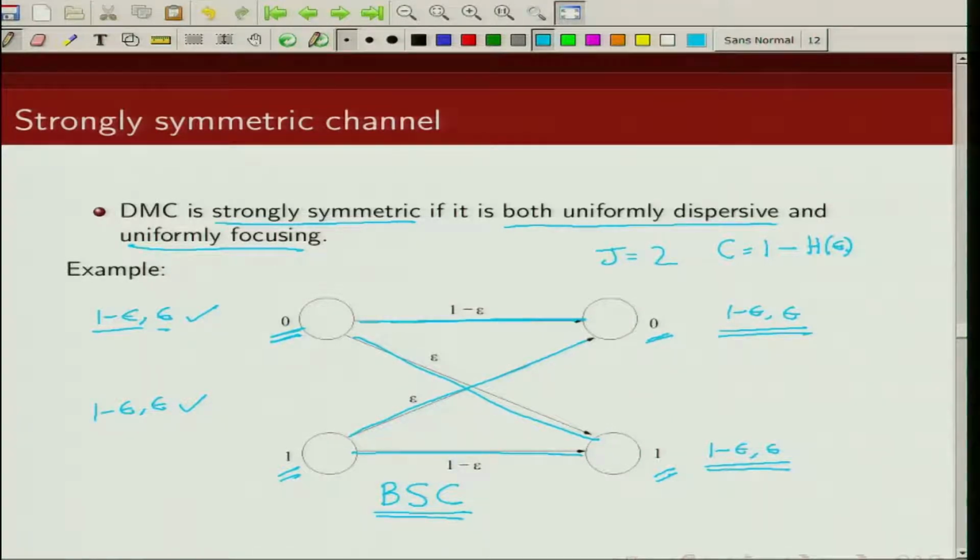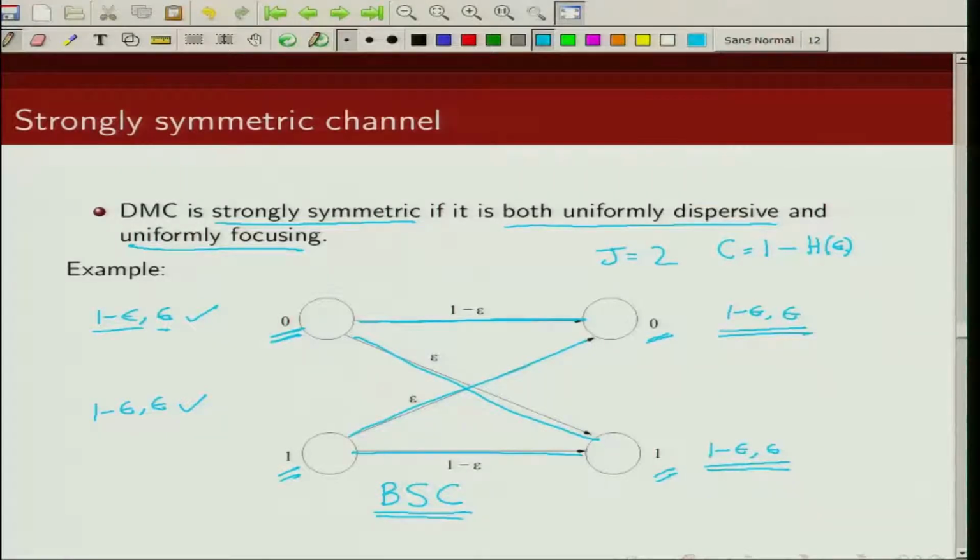So this is the expression for capacity for a binary symmetric channel. You can see, for example, if epsilon is half, that means there is a 50% probability of making a mistake. In that case the capacity is 0, which is intuitively correct because it is completely randomly flipping the bits to 0 and 1 with equal probability.